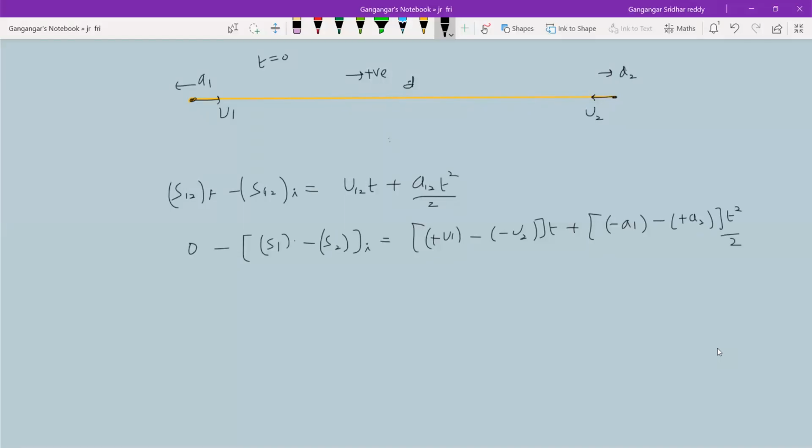I want you to really make an observation. What type of motion will particle 1 describe? Retarding motion. What type of motion will particle 2 describe? It's also retarding motion. But you see minus a1, okay, fine, we'll feel happy, no? As a retarding motion, particle 1 has a negative sign. Look at plus a2.